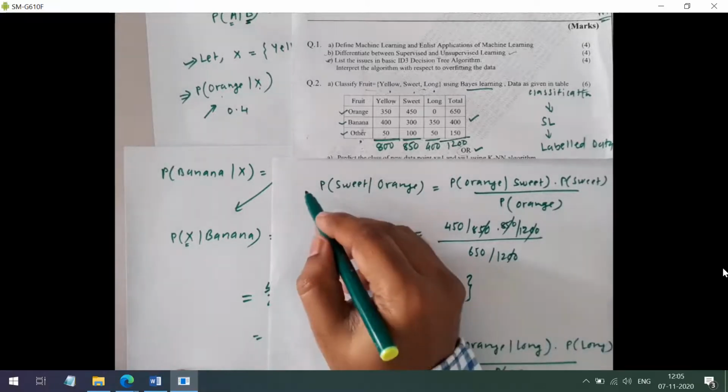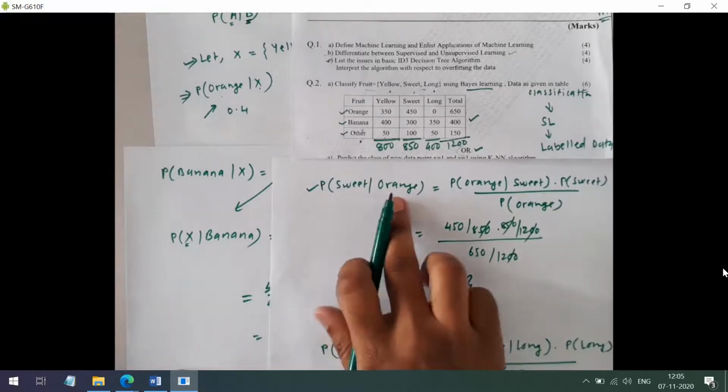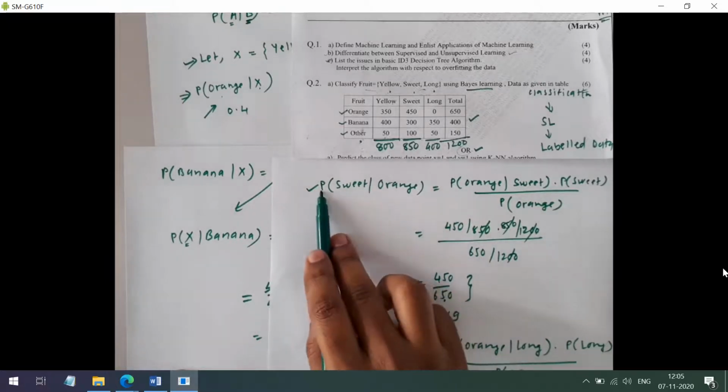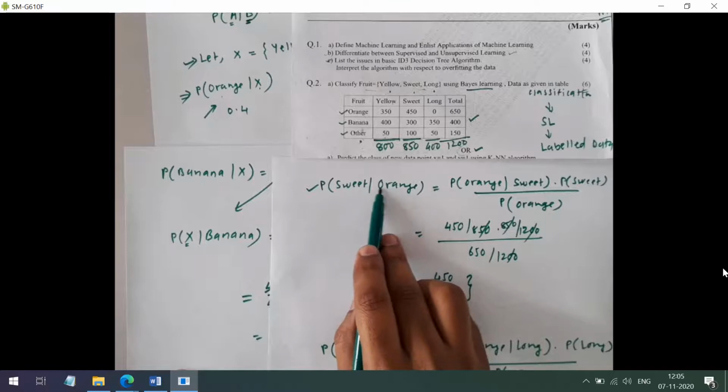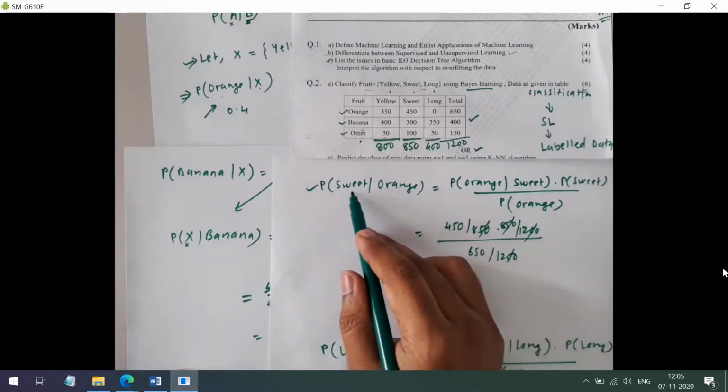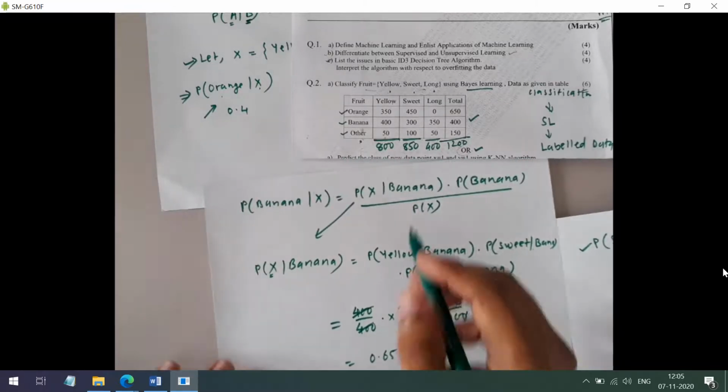Just try to understand the meaning of this statement. I'm repeating: probability of sweet given orange. How many oranges are there? That is 650. Write it down. Then out of those oranges, how many are sweet? That is 450. 450 divided by 650. So easily you can calculate that. So we have found out the value of this term.